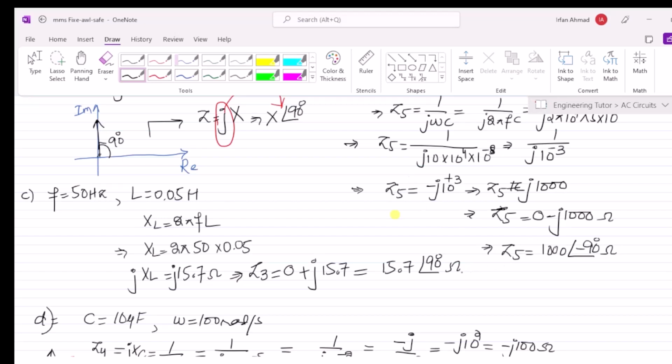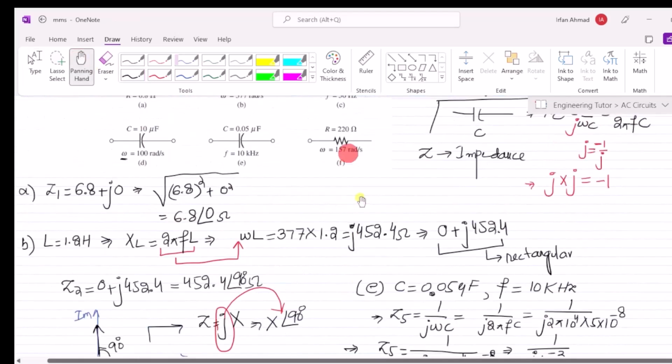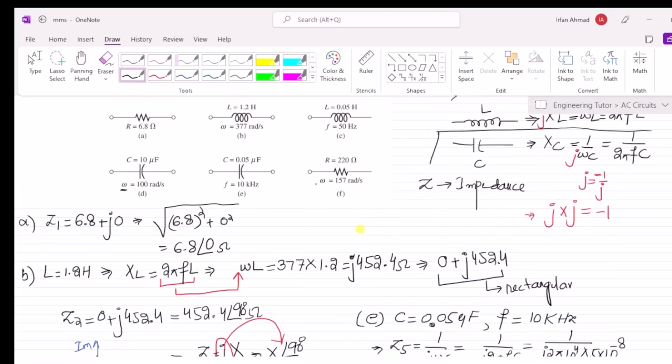Similarly, now the last part here, we have to find the value of the impedance when the frequency is 157 radians per second. Here the impedance Z6 will be equal to 220 ohm, because the resistor is a linear quantity which doesn't have any association with the frequency.